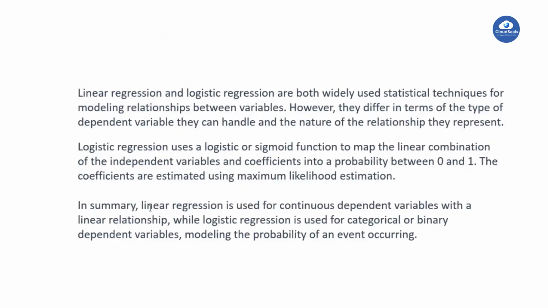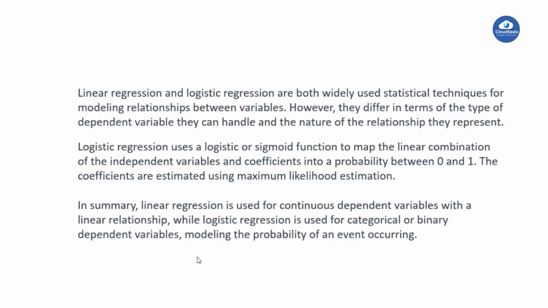If the probability is near to zero, we say it is a non-spam mail. So here we are calculating probabilities. Whenever the dependent variable is a categorical variable, we use logistic regression to predict the probability of that new input.